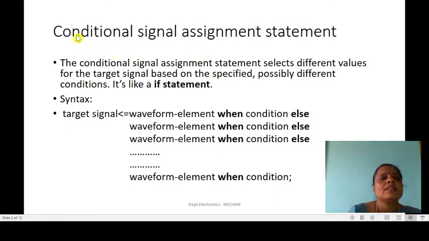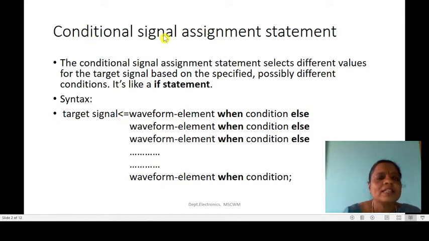What do you mean by the conditional signal assignment statement? Depending on the condition, the signal assignment statement is going to execute. That is called your conditional signal assignment statement. The assignment statement you studied in mathematics, equal to, is called the assignment statement, and this is called your signal assignment statement.